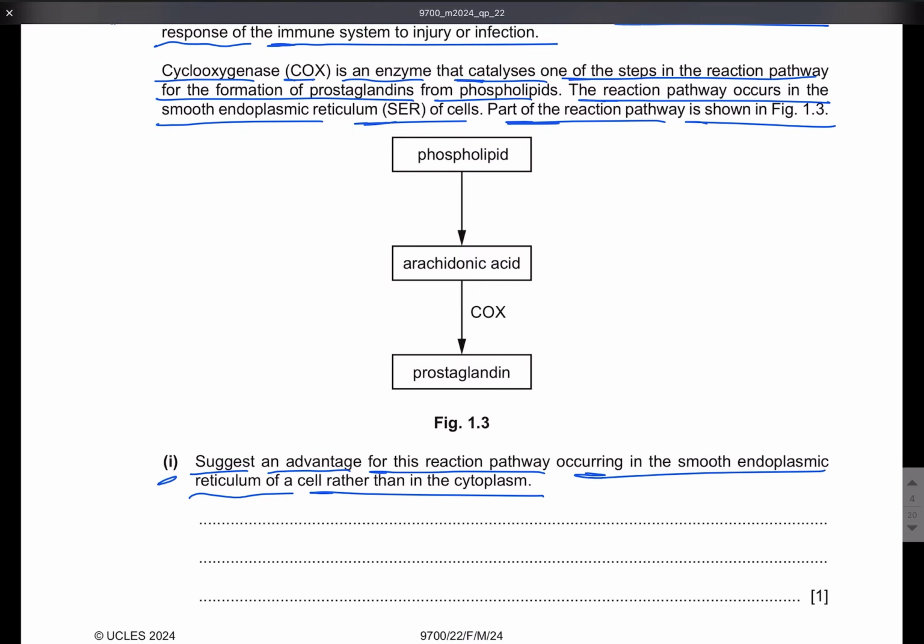You can also say that the smooth endoplasmic reticulum membrane has phospholipids, which can be used as substrates for this pathway, right? Phospholipids in the membrane of the smooth endoplasmic reticulum can generate arachidonic acid, and arachidonic acid is the substrate for COX, which eventually makes prostaglandins.